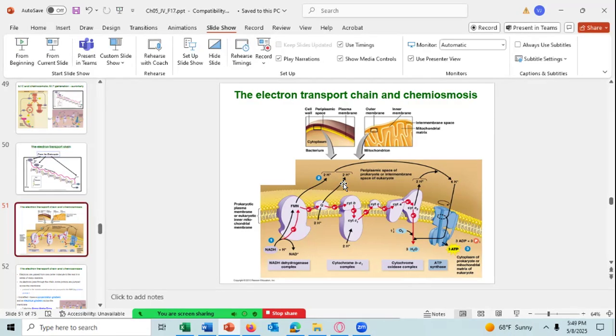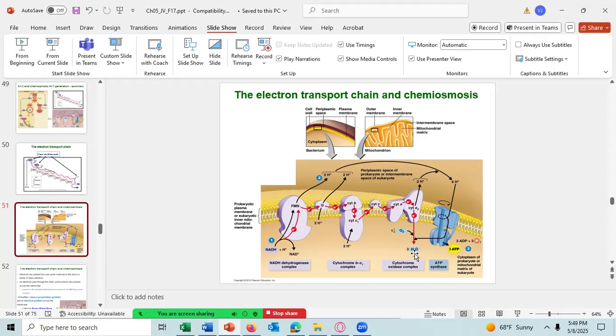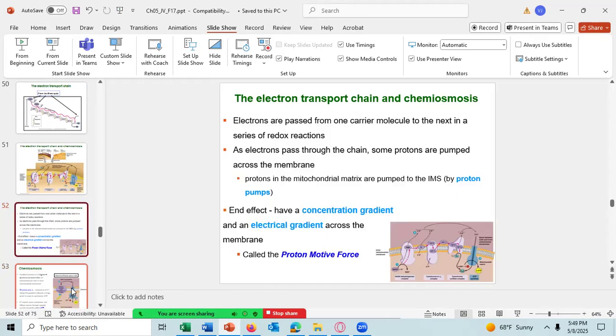The hydrogen ions then flow across the membrane through this ATP synthase protein to make ATP. The electrons end up at oxygen in aerobic respiration to form water. Any question about any of that?